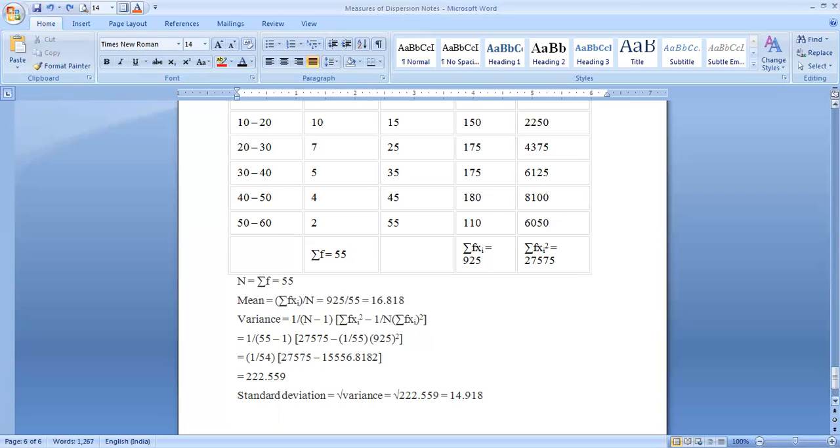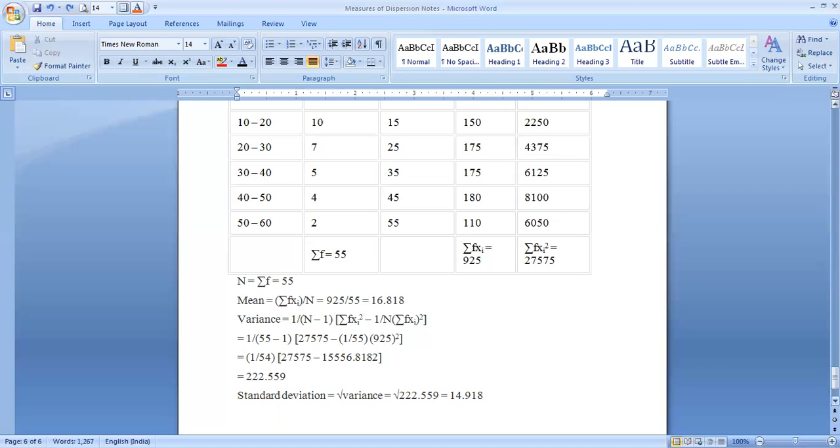When we calculate these values, finally we get the value of variance as 222.559. Now we look at the standard deviation.